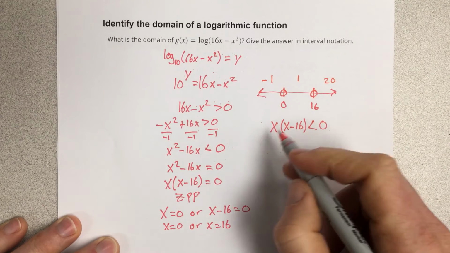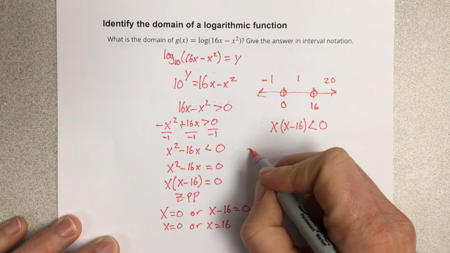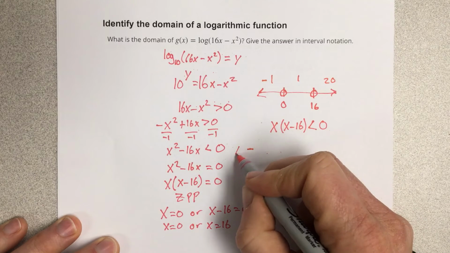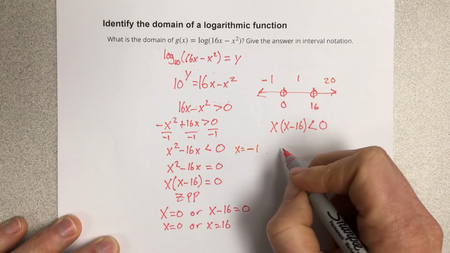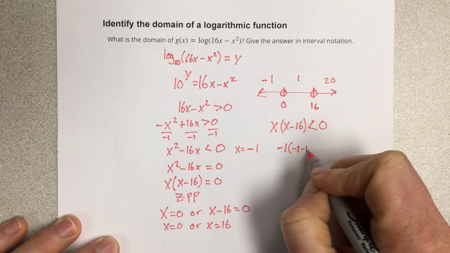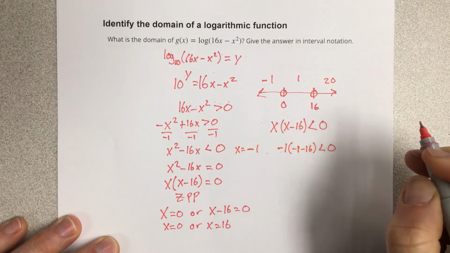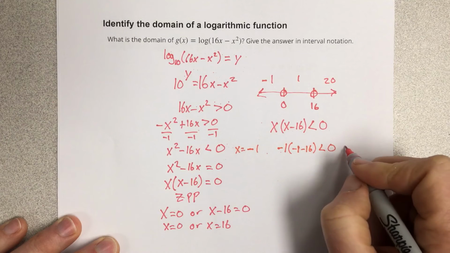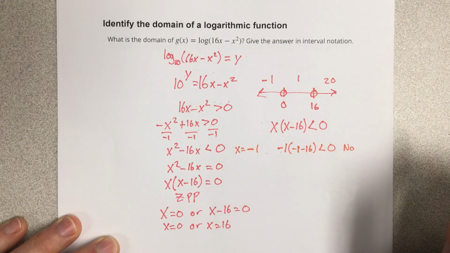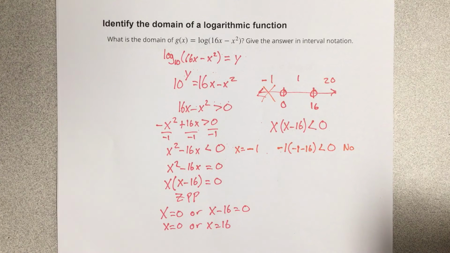If I plug in x equal negative 1, that's going to give you negative 1 times negative 1 minus 16, less than 0. That's a negative times a negative, so I end up with a positive number, less than 0. So that is no go. This area is not part of the domain.